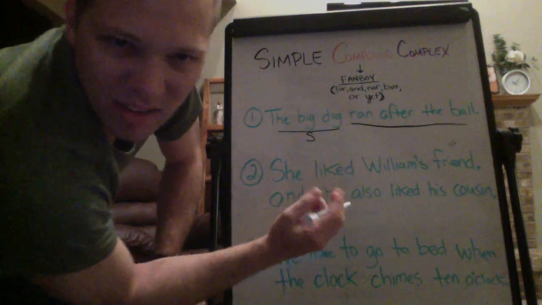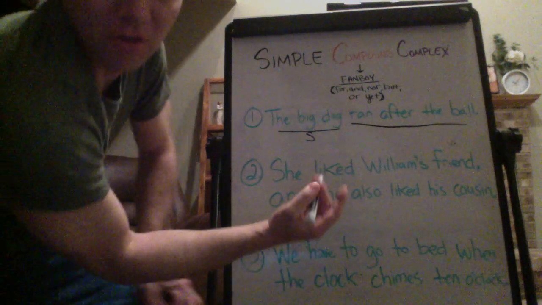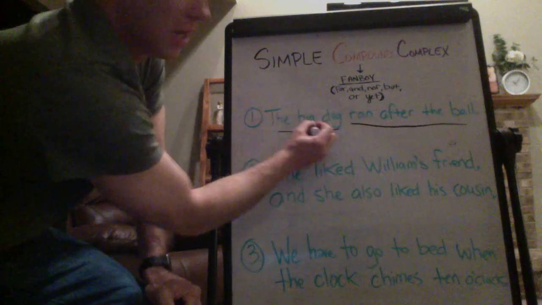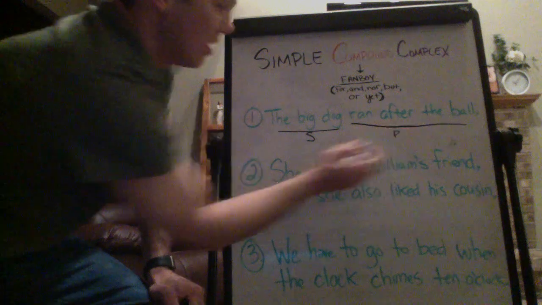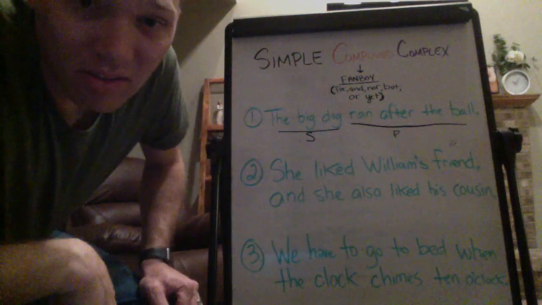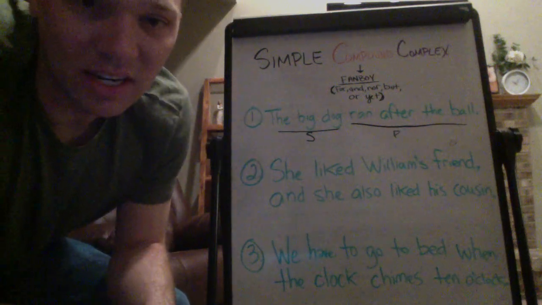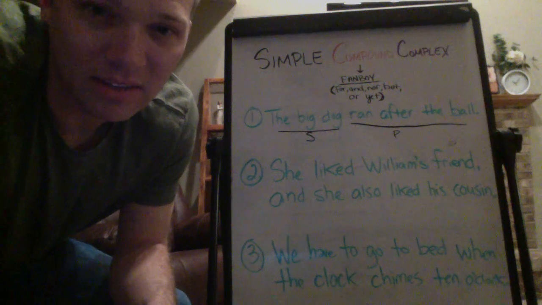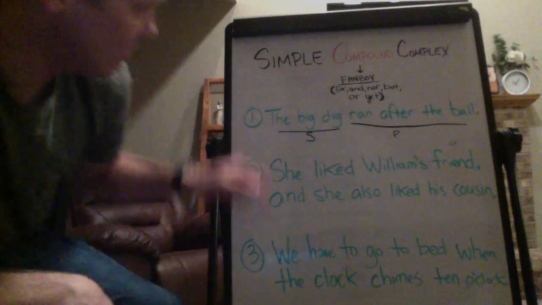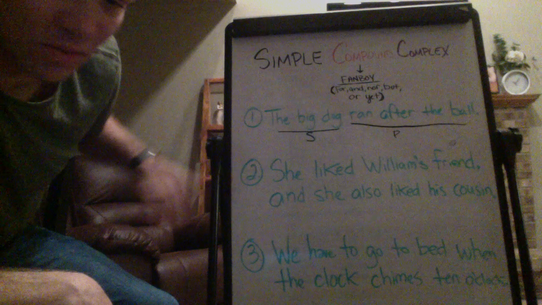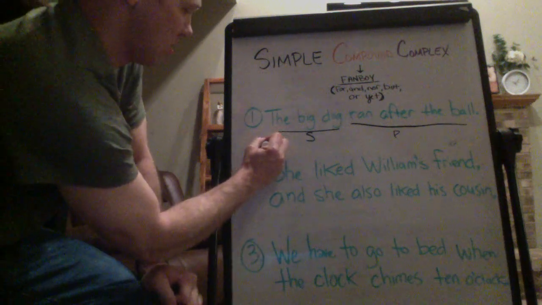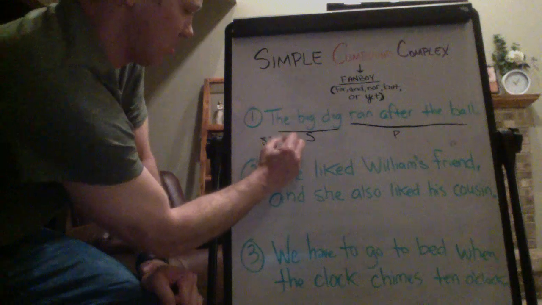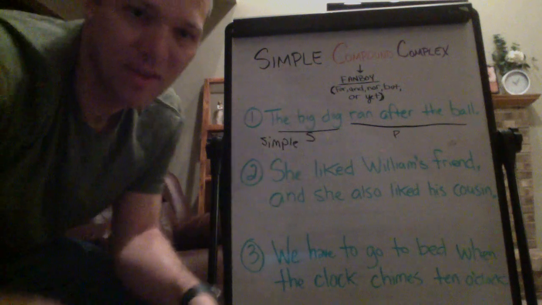Okay, a predicate is kind of like the verb. The main verb is ran. Okay, so the big dog, subject, ran after the ball. You're going to notice every sentence is going to need a subject and a predicate. And so this, because it's one sentence, is going to be simple.